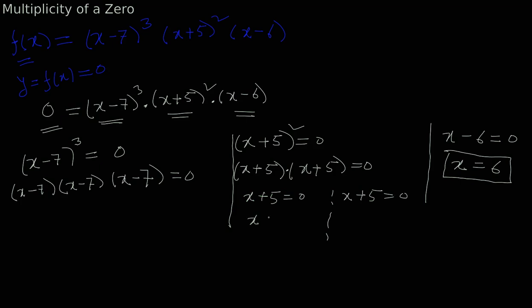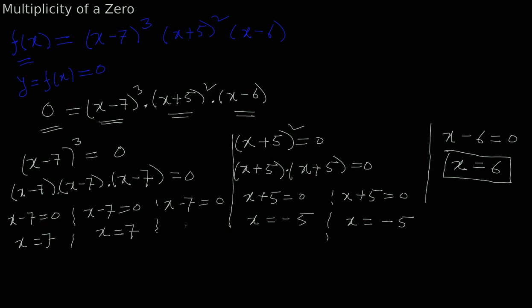So I get x equals negative 5, and I got x equals negative 5 again. Here, (x minus 7) multiplied by (x minus 7) multiplied by (x minus 7) equals 0, so x minus 7 equals 0, the second x minus 7 equals 0, and x minus 7 equals 0. So x equals 7, here also x equals 7, and here also x equals 7.